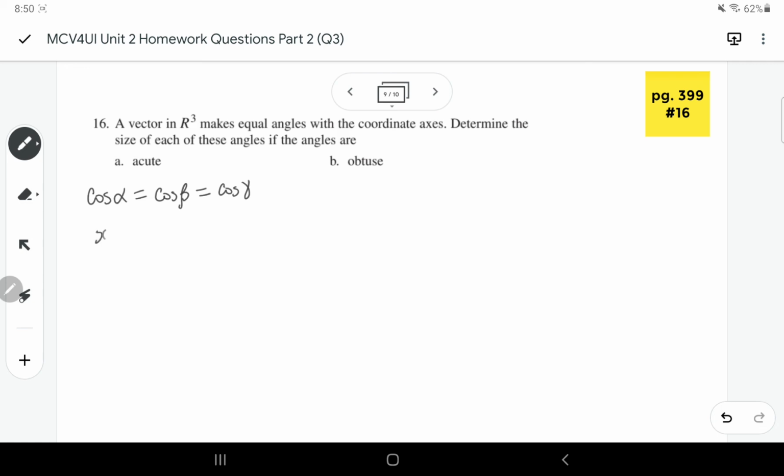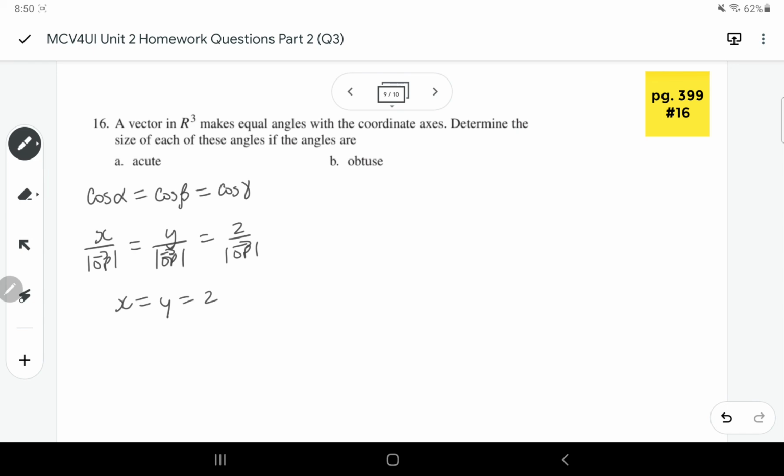So we would have x over the magnitude of OP would equal y over the magnitude of OP, which would equal z over the magnitude of OP. So we know that the denominators are all equal, so that would have x equals y equals z.